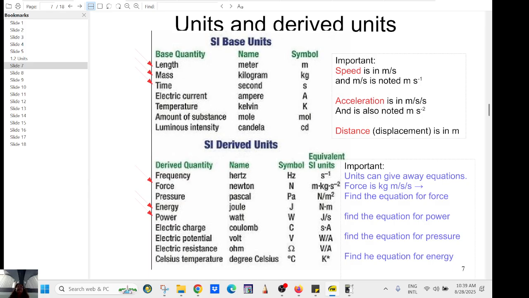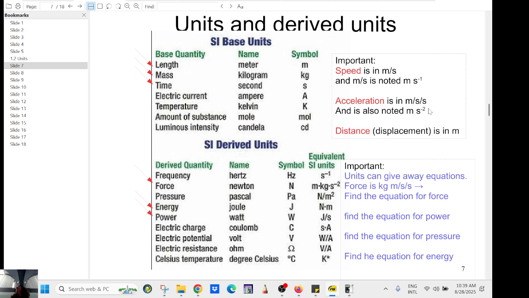Okay, so acceleration. We're going to learn about acceleration, which is sometimes not intuitive. So here you have meter per second squared. Meter per second is for speed. Second is for time, right?